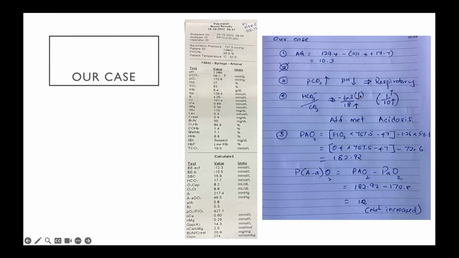It is not increased. So what is that problem? The patient has an additional metabolic acidosis. The patient has already lost bicarbonate by some other means, so there's no compensation at all. So the patient has respiratory acidosis and metabolic acidosis. That's the diagnosis in this case.